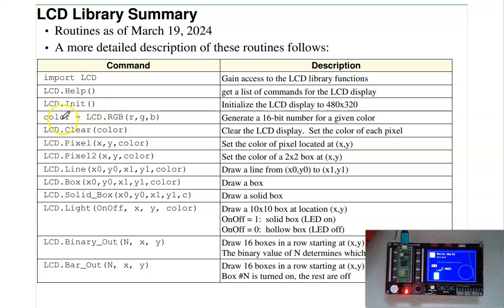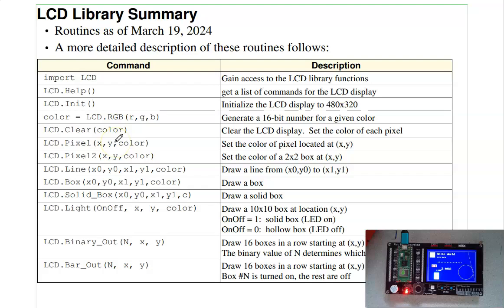I can return a 16-bit number for a specified color. 255, 255, 255 is full brightness red, green, blue. That gives you white. Vary the ratios, I can get up to 65,000 different colors. Clear the display to a certain color.